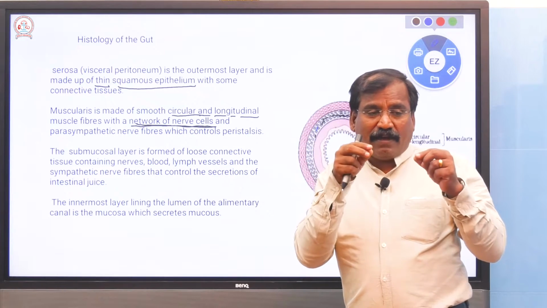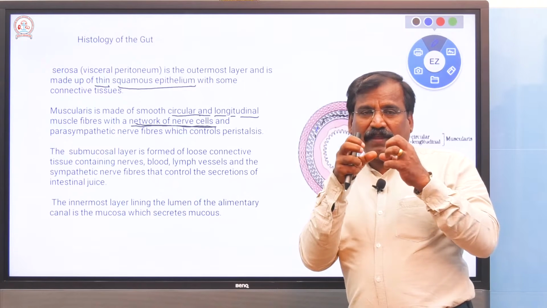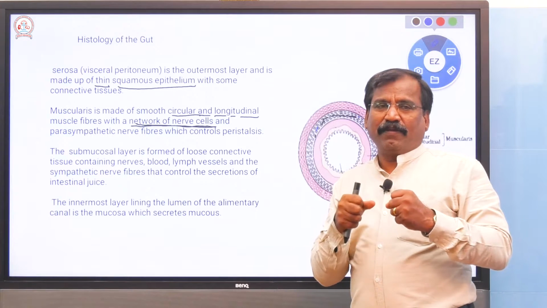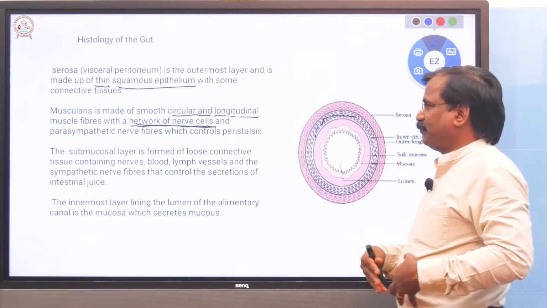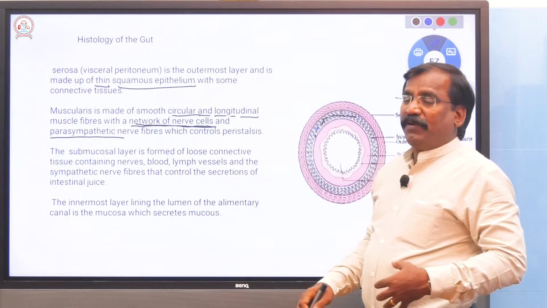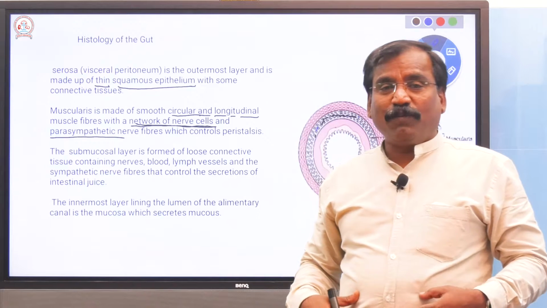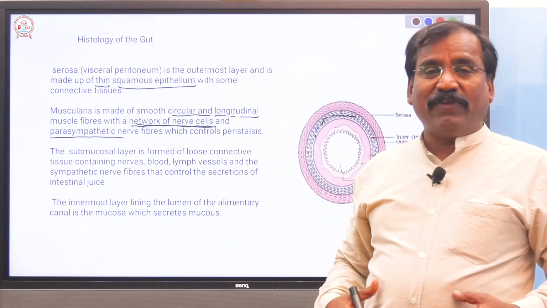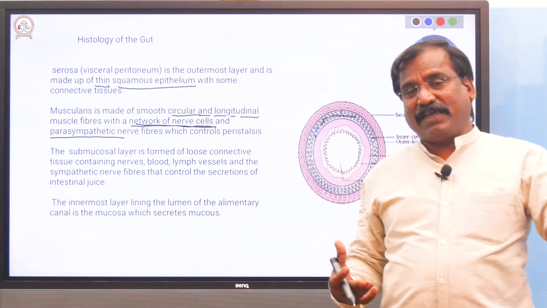Why? Because these nerves control the intestine: sympathetic and parasympathetic nerves. That means it is not under our control. Our digestion, stomach movement and intestine movement we cannot control, because they are specially controlled by the autonomic nervous system.